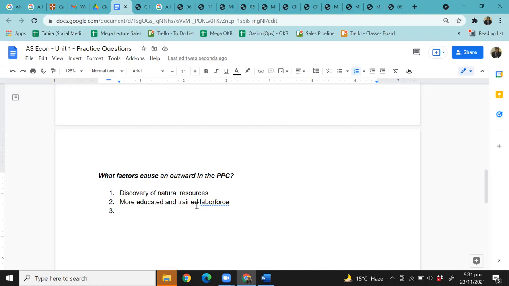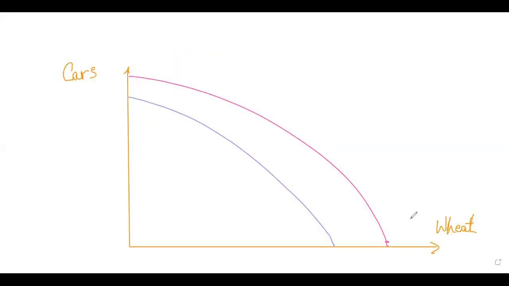So with a more educated and trained workforce, you can produce more goods and services. That's why your entire ability to produce will shift outwards. Previously, you were just able to produce within this region, but now with more resources and more trained people, you can produce more. So your PPC has shifted outwards.